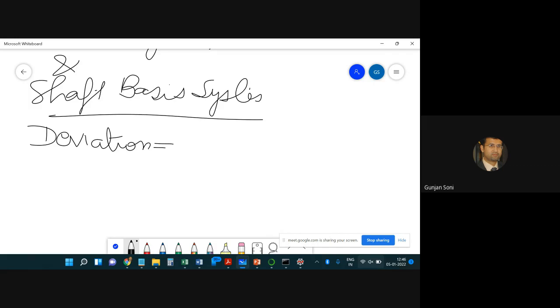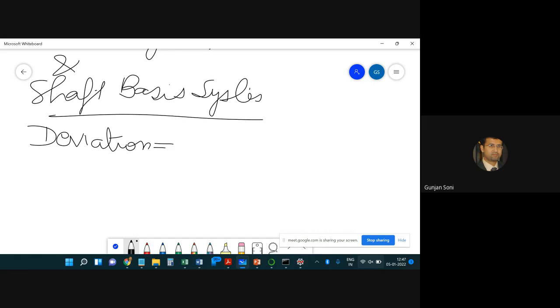Between its size and the corresponding basic size means the actual size which you have made and what the base was. Like I made a shaft of 5.5 centimeter and my basic size is 5 centimeter. I wanted to make 5 centimeter, but I got a shaft of 5.5 centimeter. So the deviation here is 0.5.